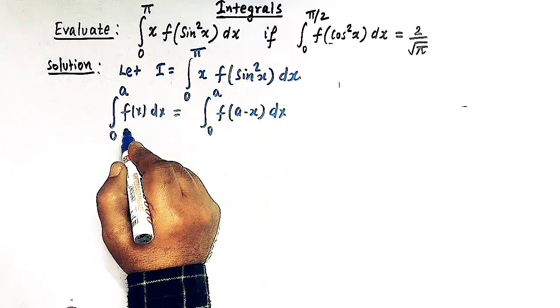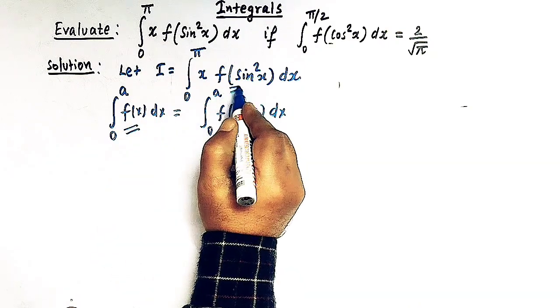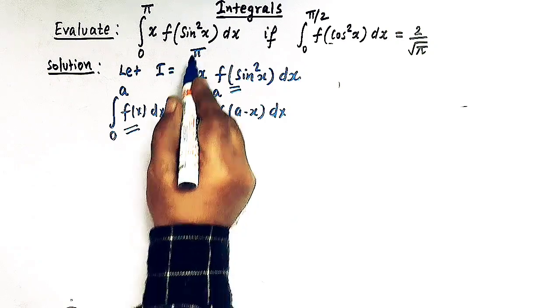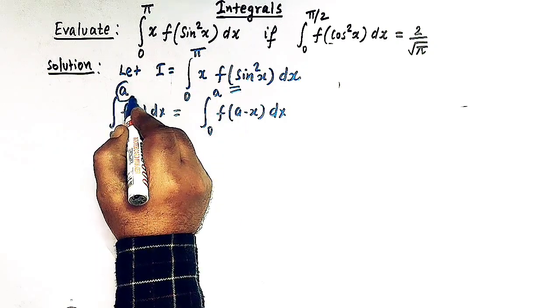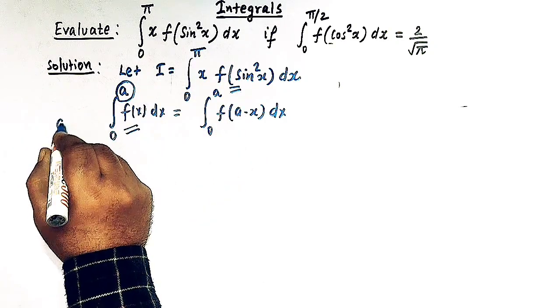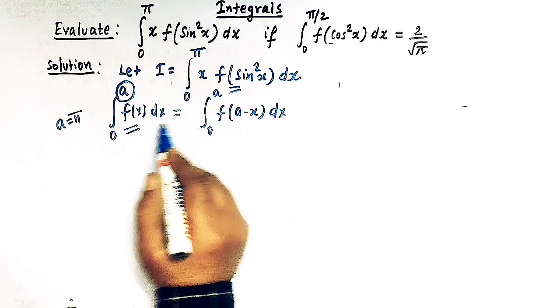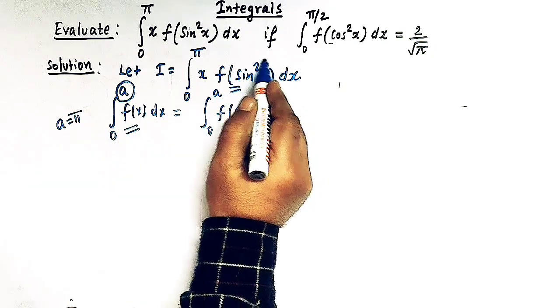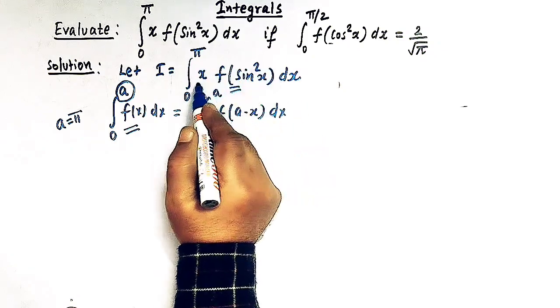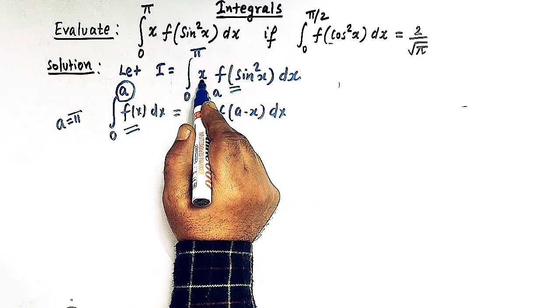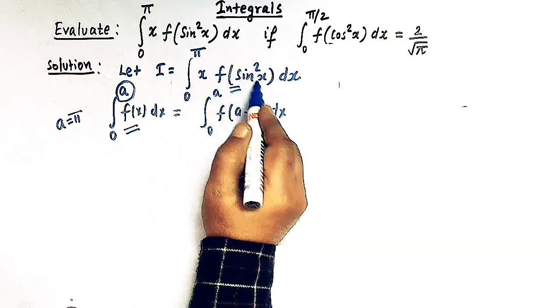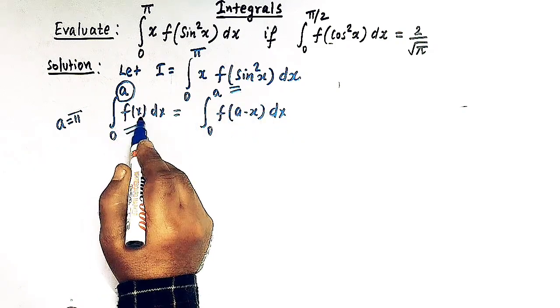So if we compare this integral with this one, then here we have 0 to pi and here we have a, right? So the value of a is pi, and this function f of x is given by this entire function, right? So we have x times f of sine square x as f of x.